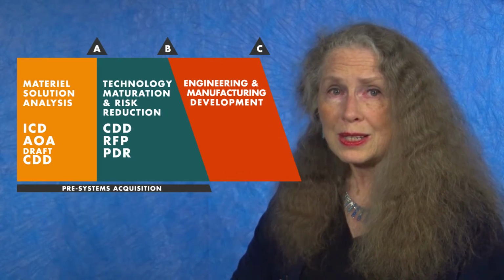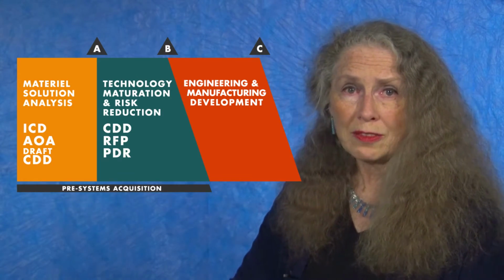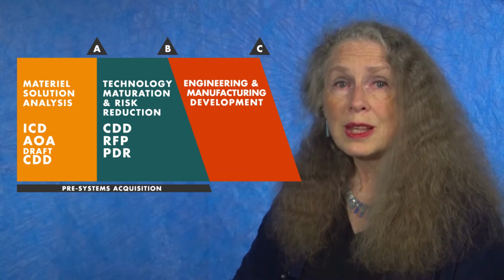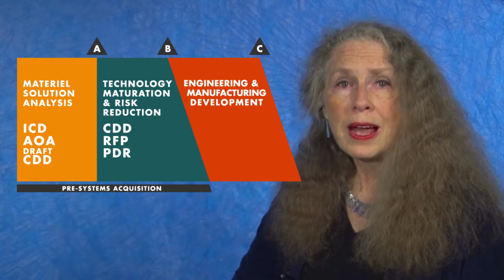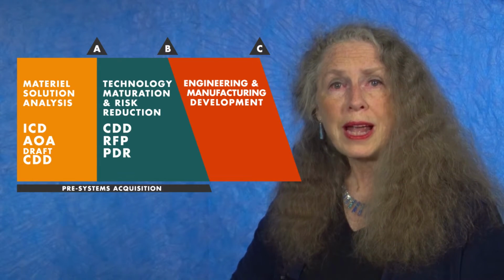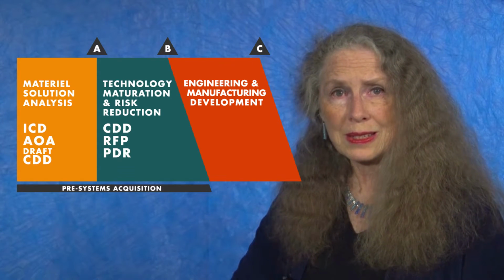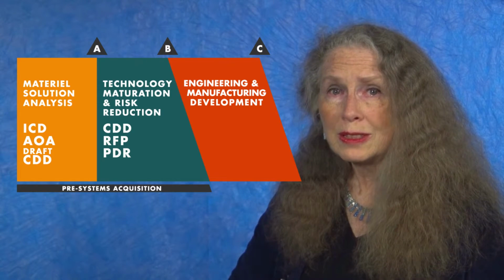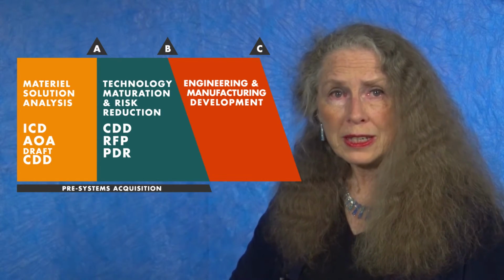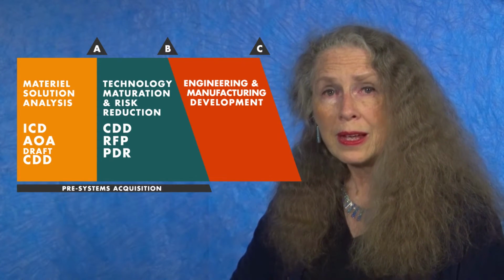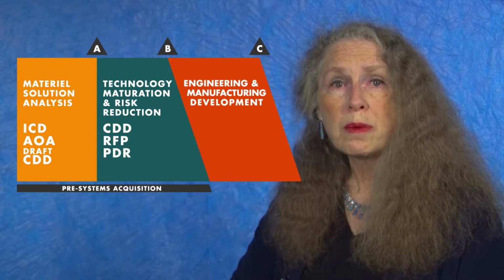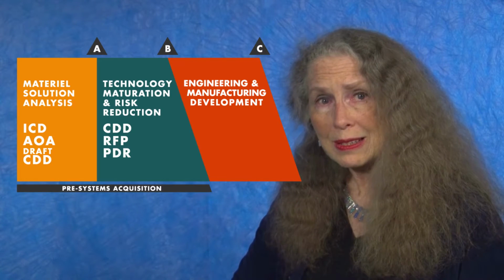The next phase is the engineering and manufacturing development phase. It's at this point that program initiation typically begins. That is when a program formally enters the acquisition process. At program initiation, a program must be fully funded across the Future Years Defense Program, or FYDP, as a result of the Program Objectives Memorandum process.